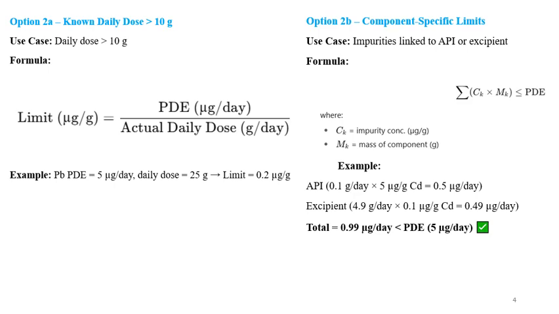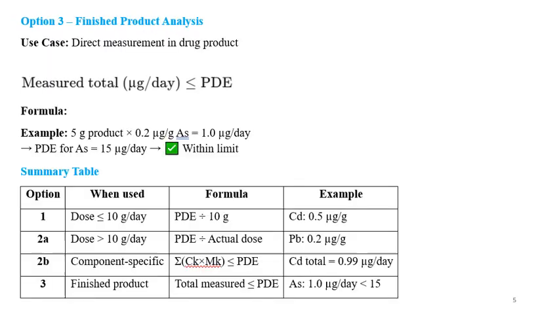So simply it means that for all the components you are going to use in the product, the impurities are calculated, and the total of the impurities should be less than the PDE value. Then you can say that the product is meeting the requirements.